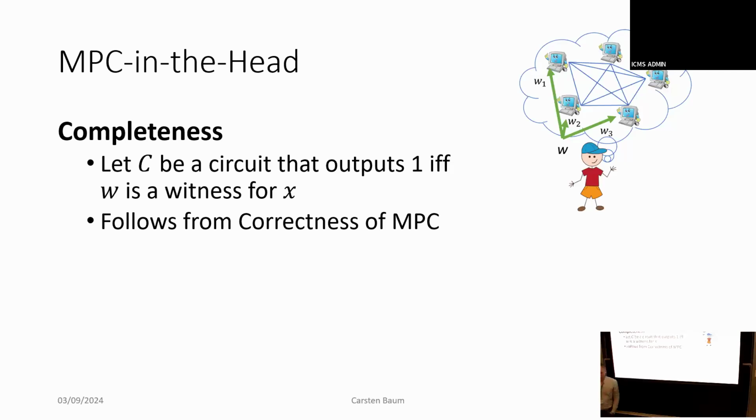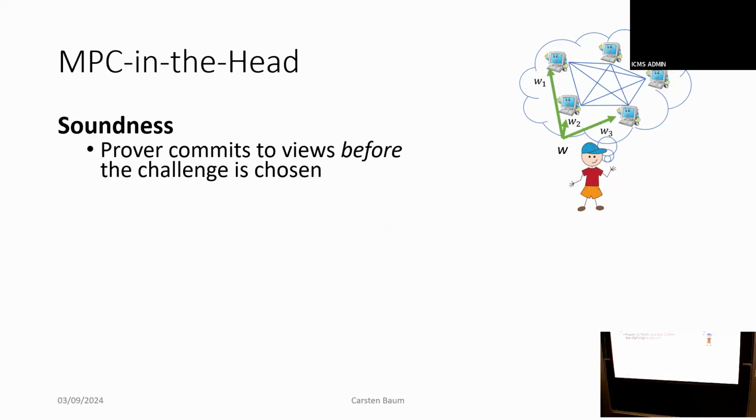Then the MPC protocol evaluates the circuit, and all of the parties are actually terminating with something that says, yay, it's the correct output. They all get the output 1. That's the guarantee from the correctness of the multi-party computation scheme. So that's why this protocol is complete. So if the prover and the verifier are honest, everything works according to plan. That is a good sanity check. Good. Everybody can follow so far? Nice. So now comes soundness.